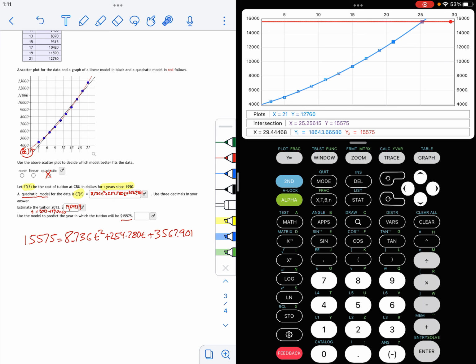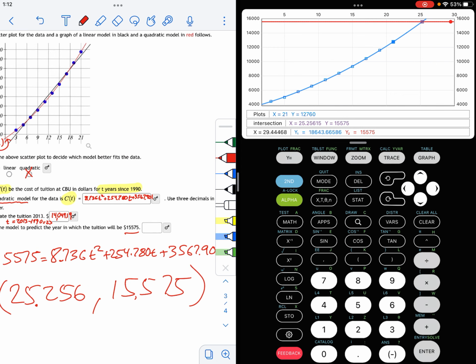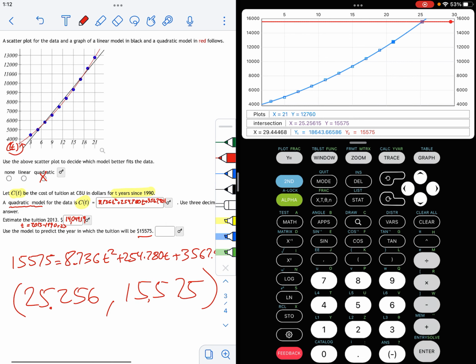The intersection is at the point 25.256 years, and the cost is 15,575. That's what we were going for. So 25.26 years. The question says to use the model to predict which year.